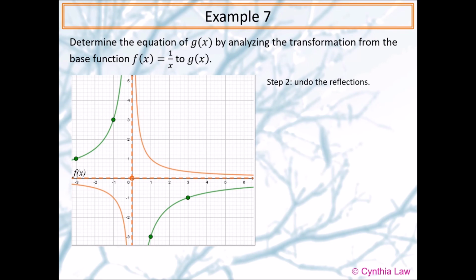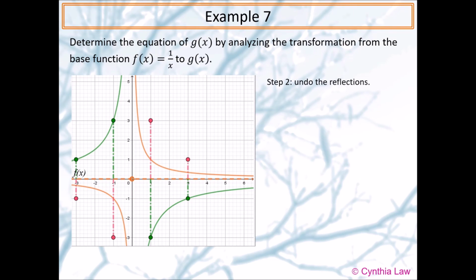So now we're going to undo the reflection. Because right now we know that there's reflection happening because f of x is not in the same quadrant as the intermediate curve right now. Similar to the previous example, example 6, sometimes we can look at things both horizontally and vertically.